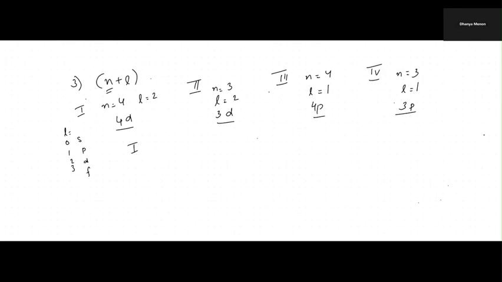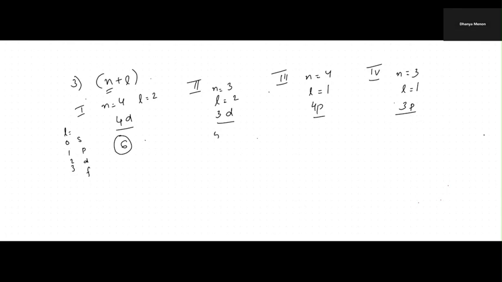Then the second one. Here students, if we apply the N plus L rule, this comes to be 6, this comes to be 6, this comes to be 5.